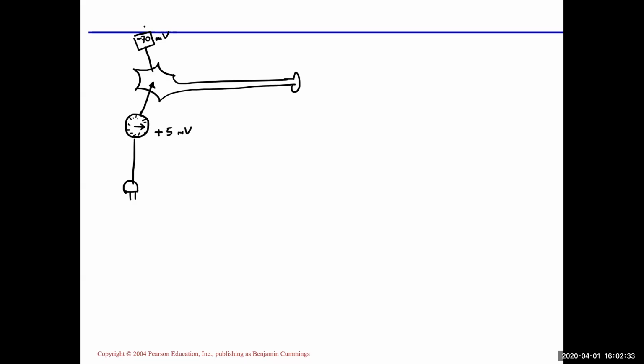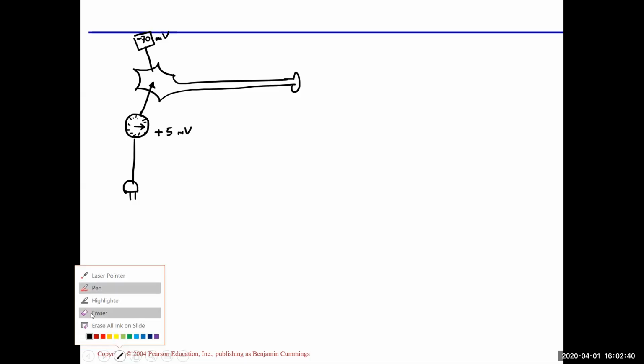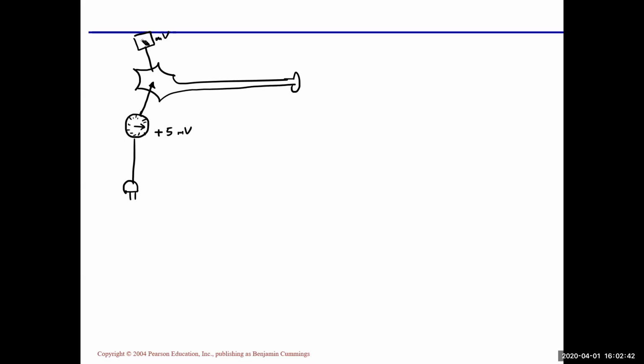So this voltage meter is going to change probably to, can you guess? +5, -70. So now I'm going to have a reading of, if I started at -70 plus 5, that will give me -65 millivolts.